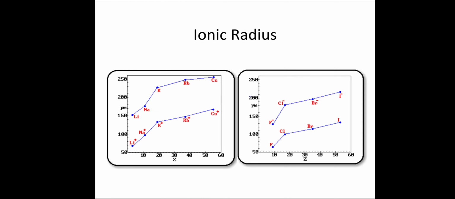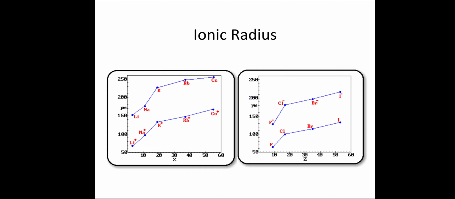From this graph, it is very clear that for neutral atoms, the atomic radius will be higher, and for cations the ionic radius will be lesser, because when an atom becomes positive, the electron cloud shrinks, therefore the ionic radius decreases.